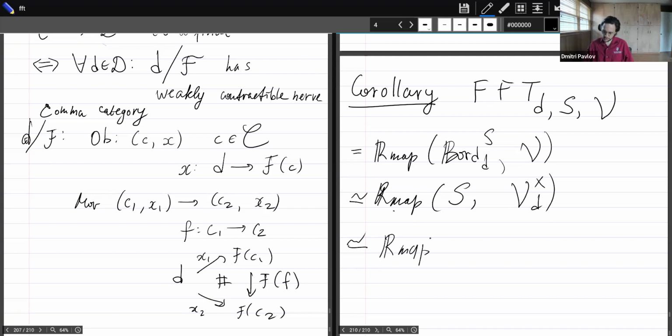So we are now switching to a third category, which is sheaves on Cartesian spaces. So let me write down the category in which this happens.